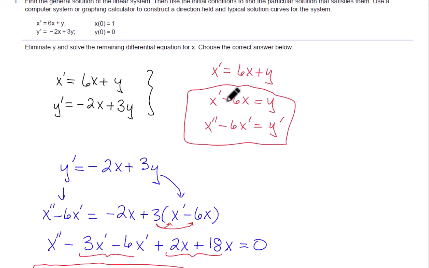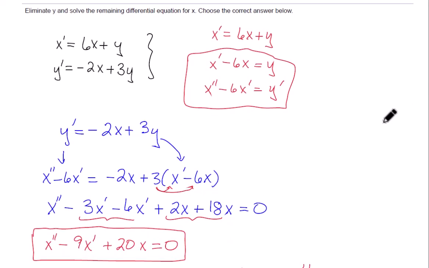So what did we do again? We took our first equation, differentiated it again. Now I'm looking at the second equation, filling in for y prime, filling in what I know about y, and so this is going to give me a second order equation.